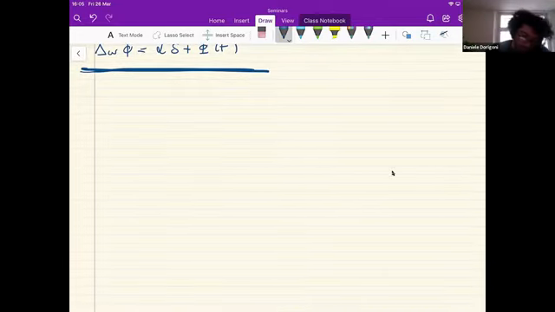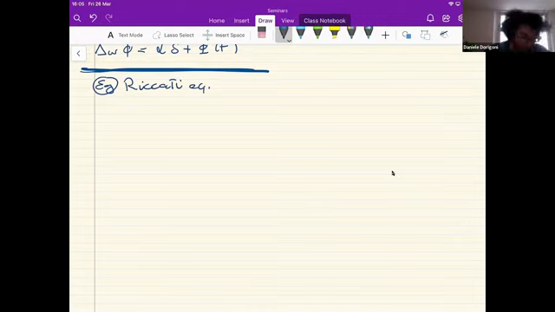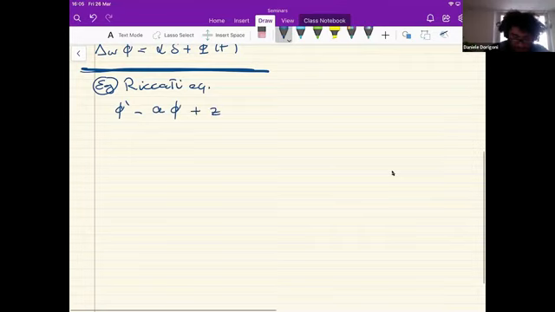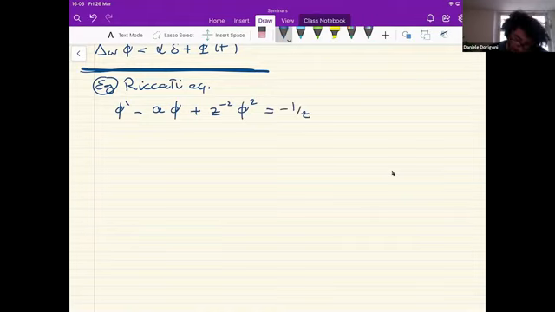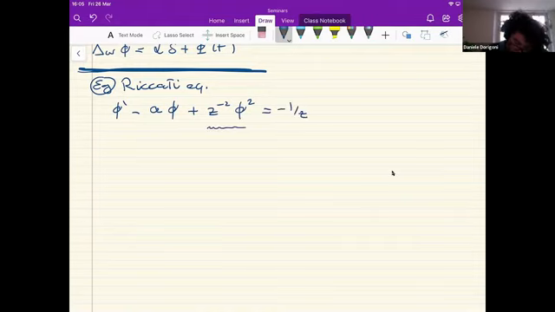So for concreteness, let us take the Riccati equation once more. And let me write it this way: minus a phi plus z minus 2 phi squared equal to minus 1 over z. So this is where all the interesting bits are.